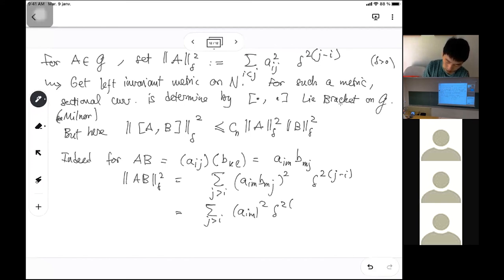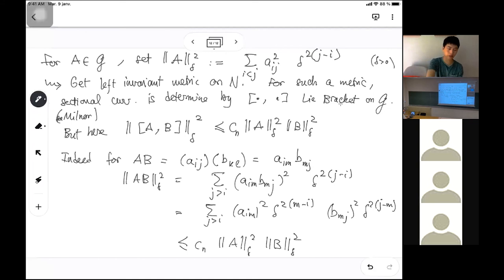Delta to, say, M minus I, G minus M. And so you get that whatever you want.